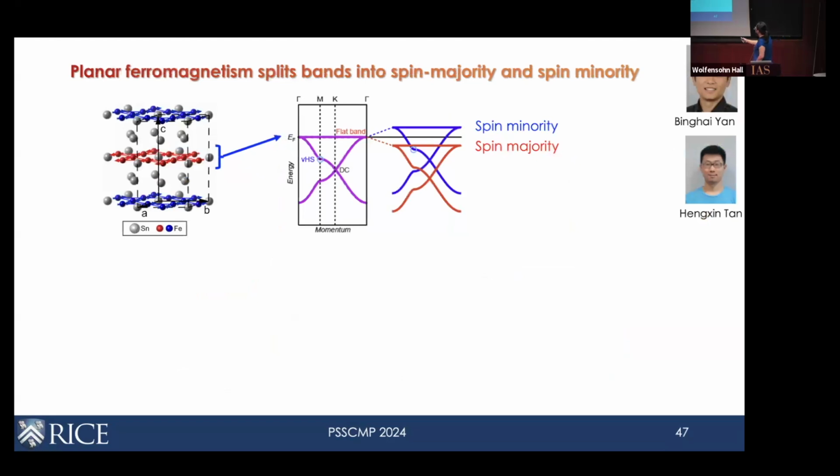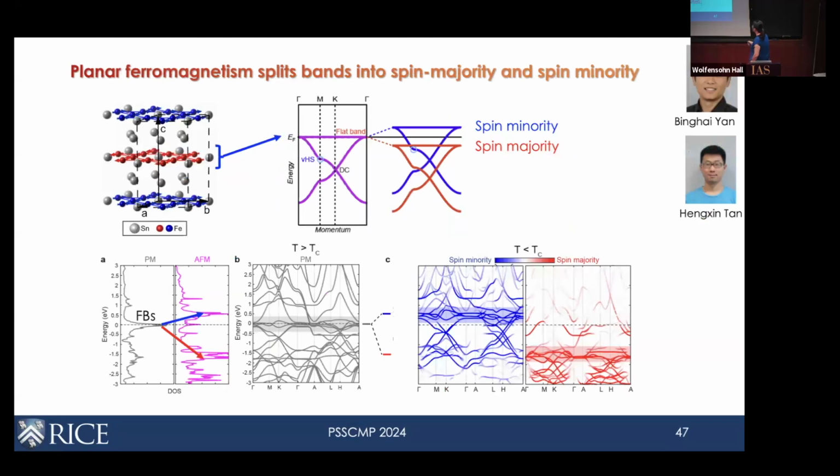So to make a long story short, let's first look at what we expect theoretically. This is A-type AFM, so how do we map this to this kind of picture? We can consider each of these layers as ferromagnetic, and when they become ordered, we can expect a spin splitting of the spin majority and spin minority bands. And this is what you see from the spaghetti plots calculated by Binghai Yan's group.